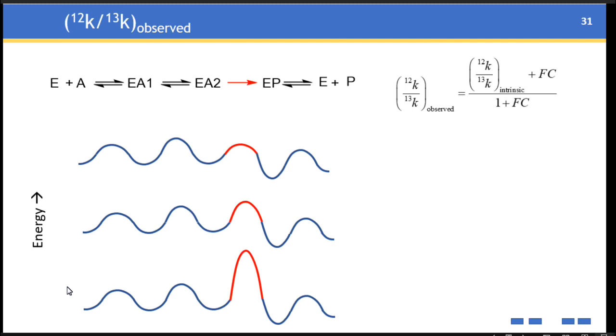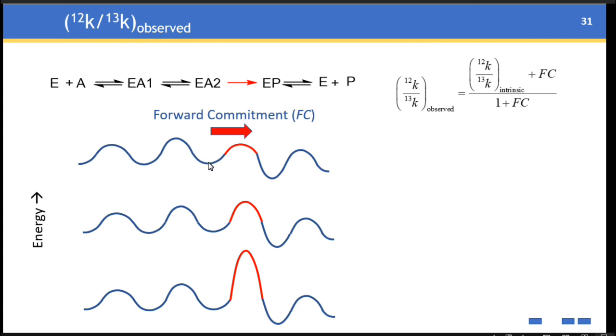Often these are less than the intrinsic isotope effect. That number that we calculated before, 1.095, you'd call an intrinsic isotope effect. But the observed isotope effect includes a term called the forward commitment.